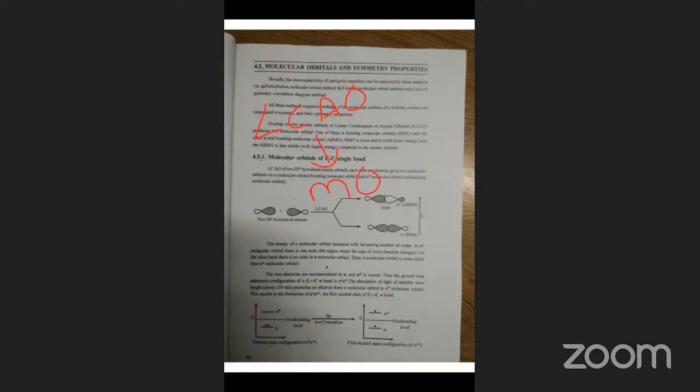In these molecular orbitals, three types of orbitals are present. One is bonding molecular orbitals. Next one is anti-bonding molecular orbitals. Number three is non-bonding molecular orbitals.